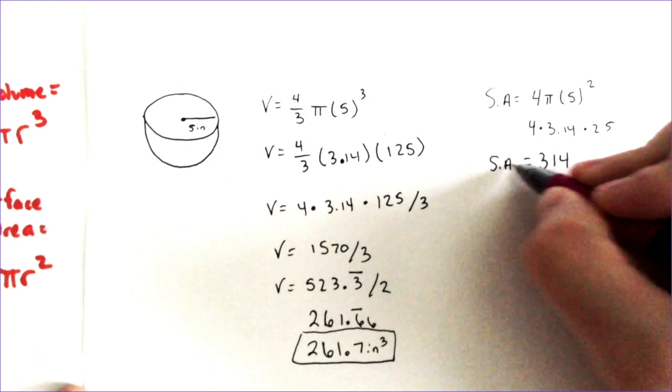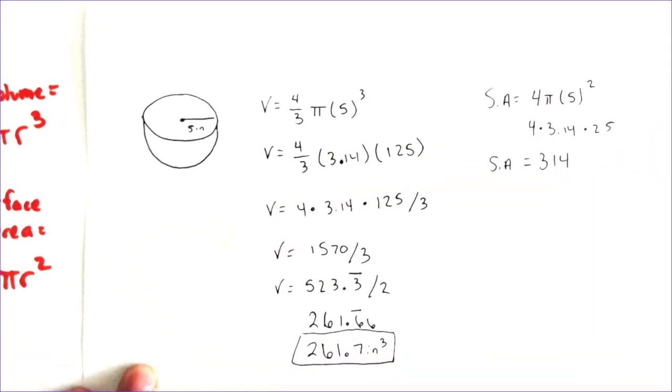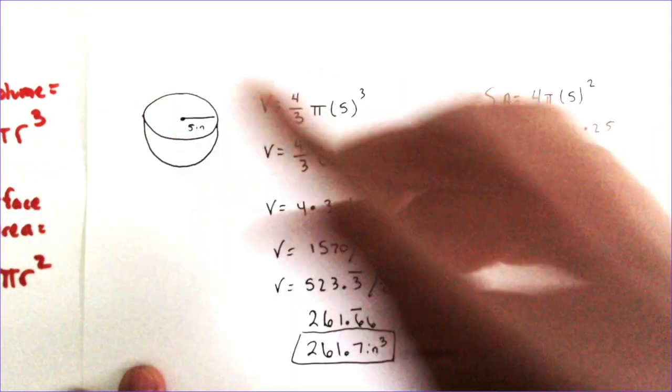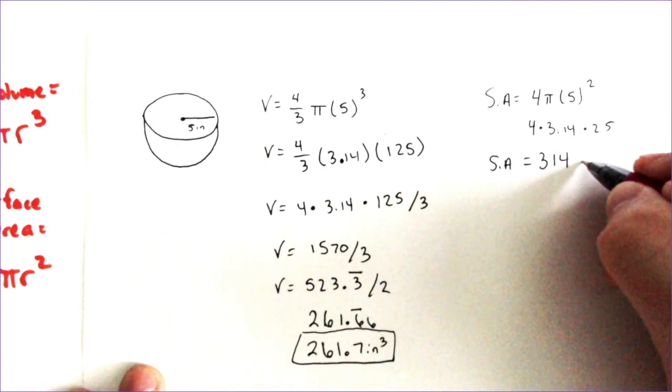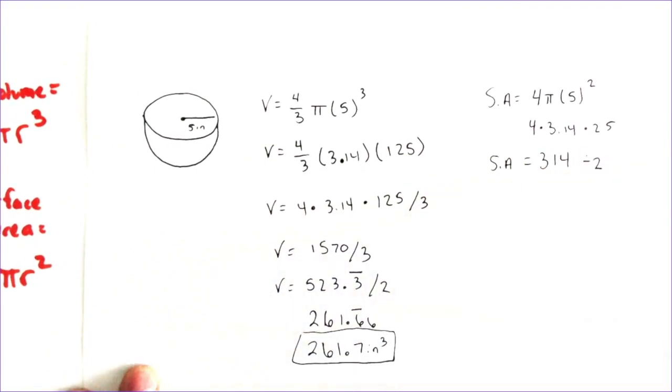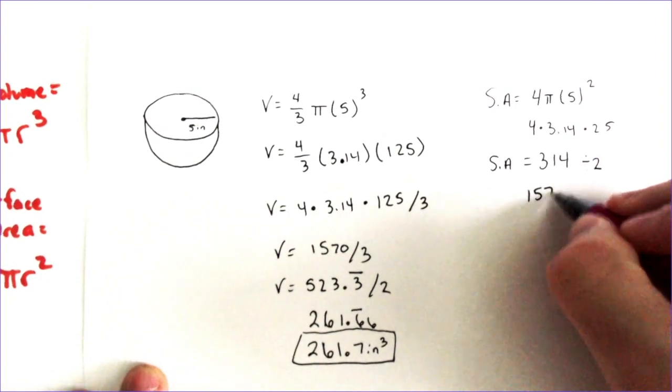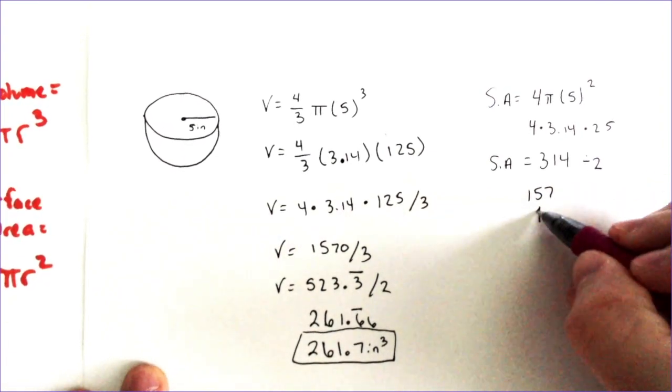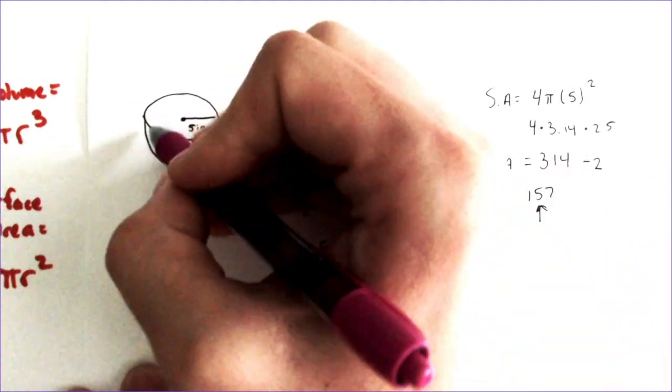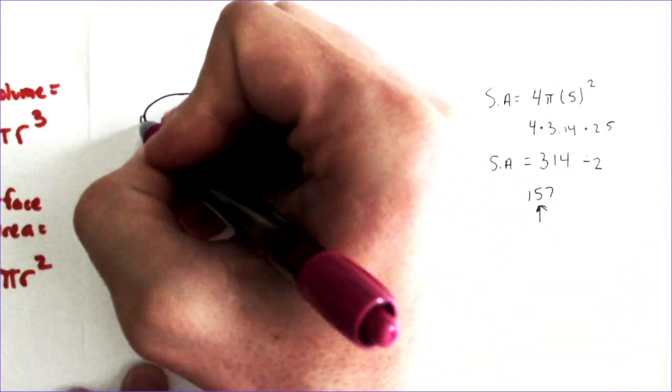That would be the surface area of an entire sphere, but we again don't have an entire sphere, we have half of one, so we have to divide that by 2, and when I divide that by 2, I get 157.